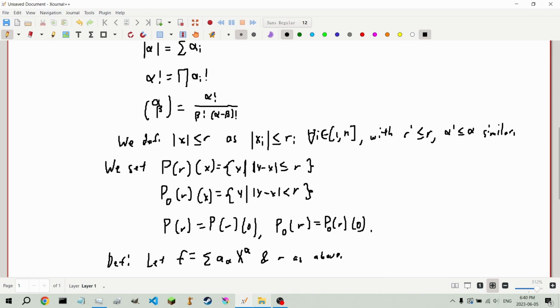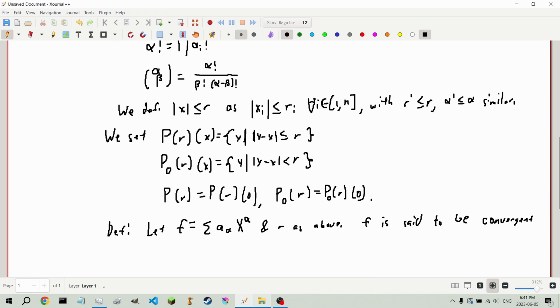Then first off, f is said to be convergent in our polydisk around 0, radius r, if the sum of the size of a_alpha times r to the alpha is less than infinity.